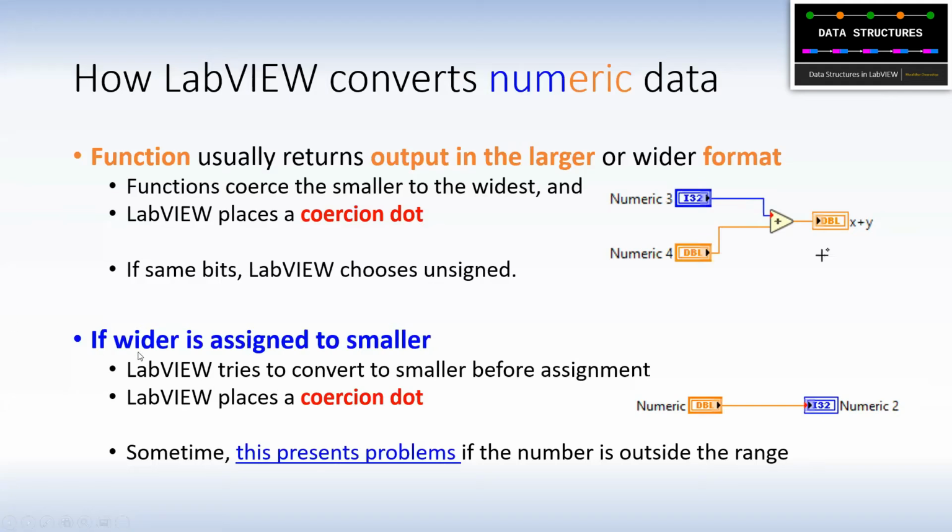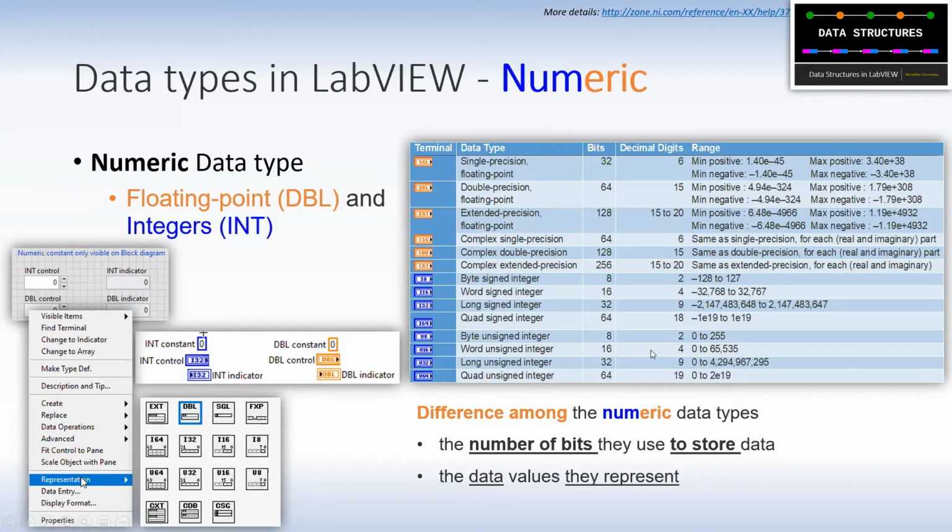If you assign a wider range to a smaller one, like double, which is a wider range, to a smaller range, as I mentioned, it will go back to its origin and then start counting. For example, this number is assigned to this number. This number can hold more than 255, but when you assign it to this one, which holds only 255, and I assign it 500, it will not store 500.